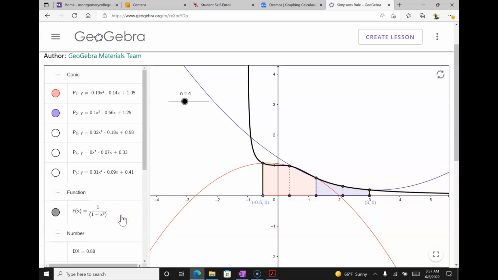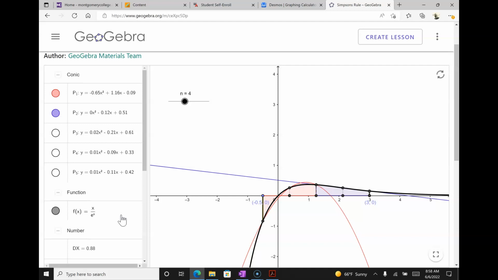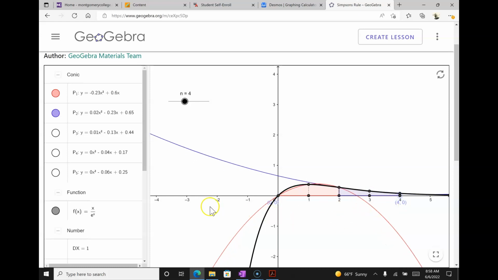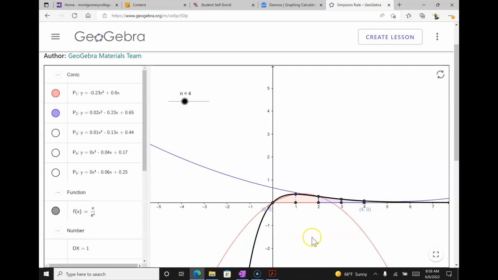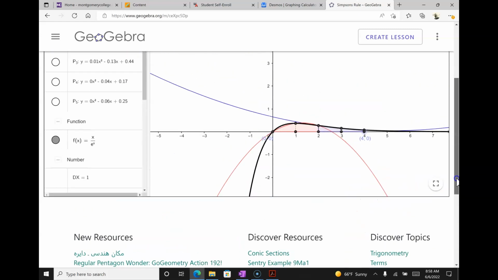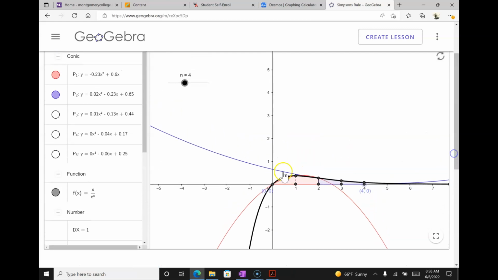I was supposed to do this for you already. Sorry about that. Let me do this. x divided by e to the x. There we go. From 1 to 4. 4 rectangles. And where is my area?